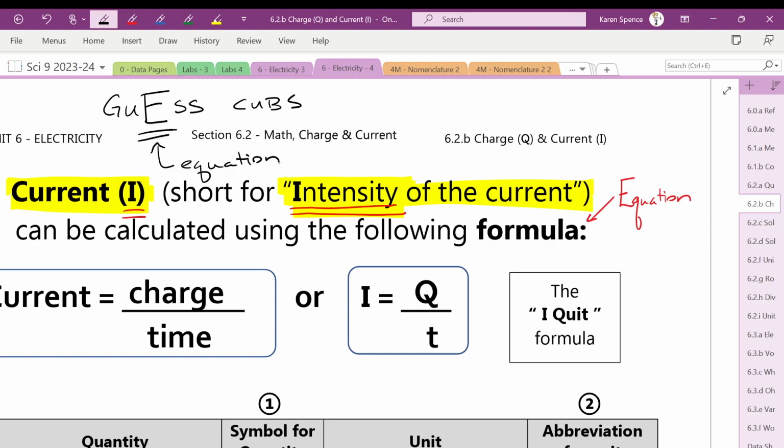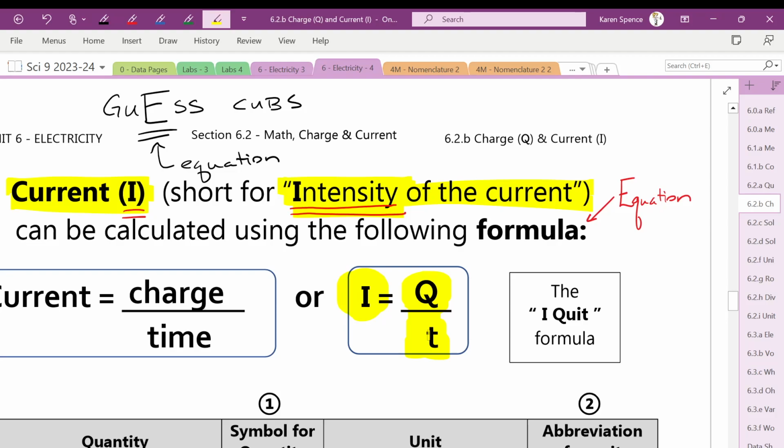Now, should you choose, you can memorize it. And here's how I remember it. I quit. See the I? Quit.